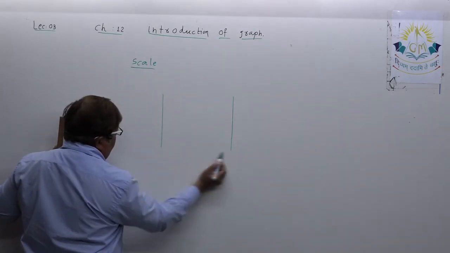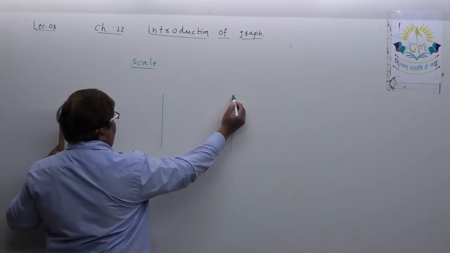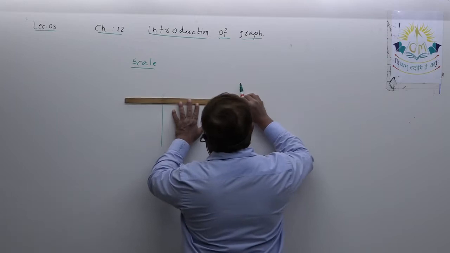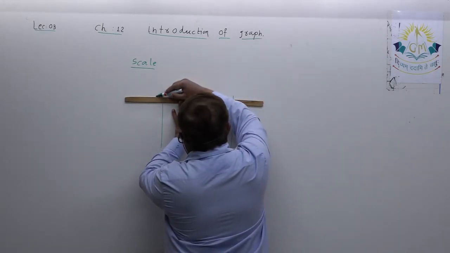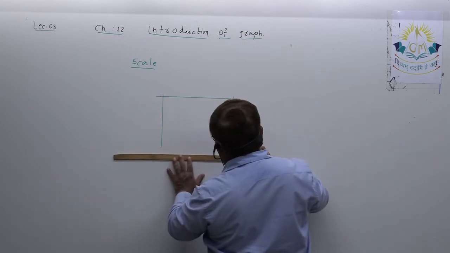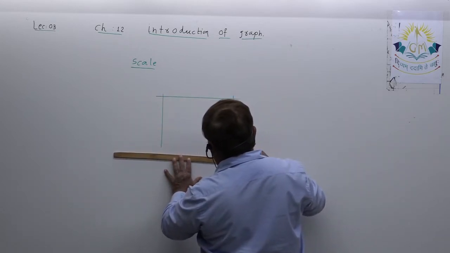These are the main hard lines. We are just going to discuss the scale factor. Okay, this is one box I am drawing.